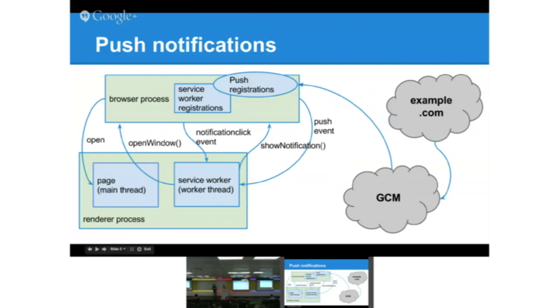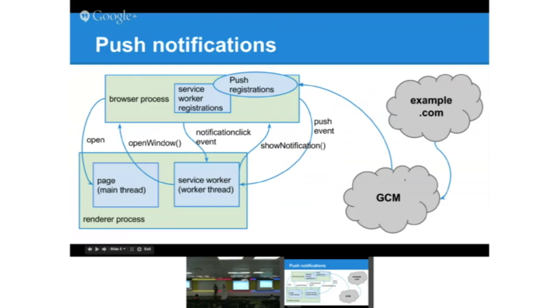But Chrome right now, GCM. In this example, example.com would have subscribed to receive pushes. For push registration, you would need to have a service worker installed on your origin in order to use the push. So the push registration is associated with the service worker registration.